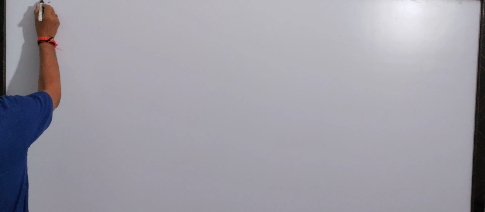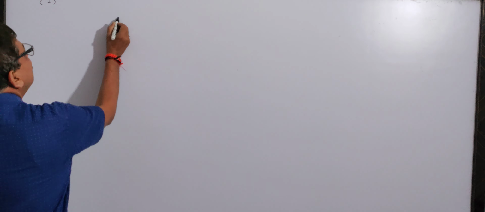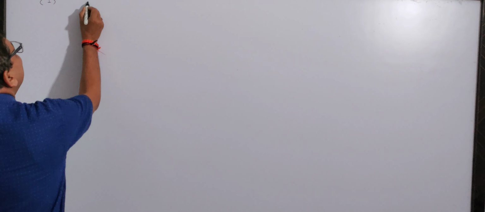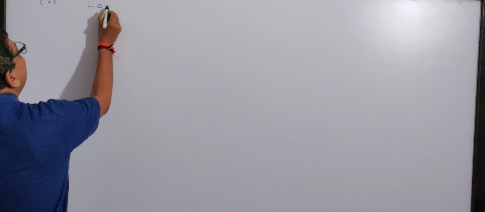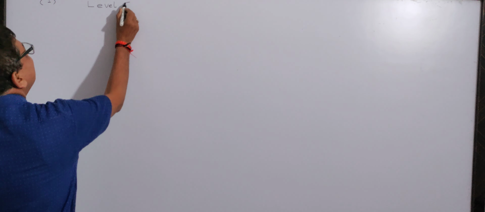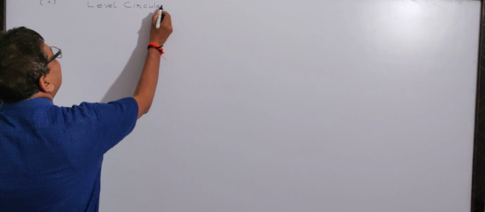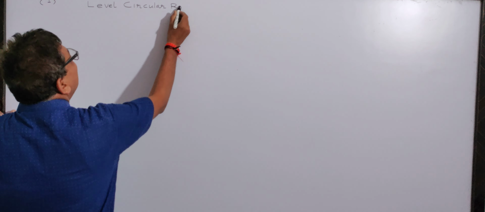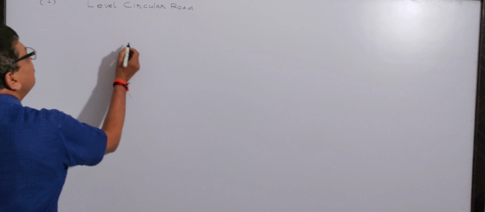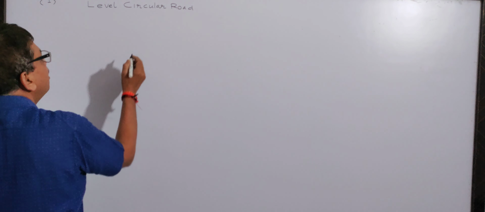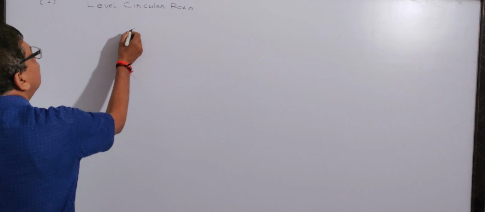suppose on the level circular road. When a level circular road is taken, it means both the inner and outer edge of the road are at one level.